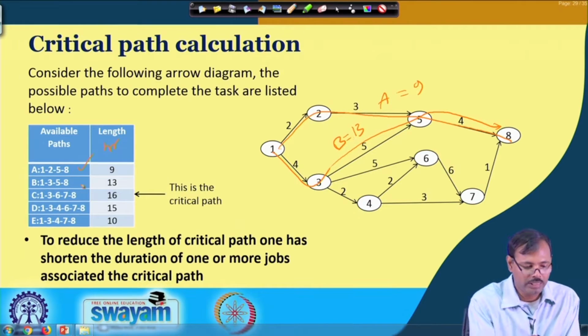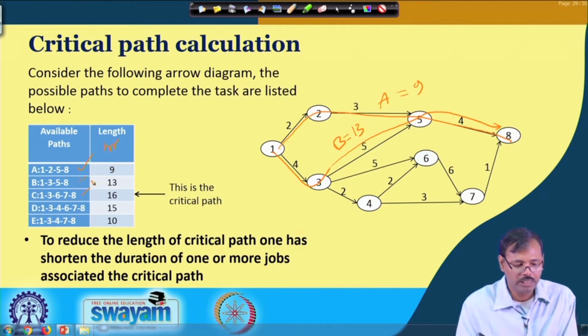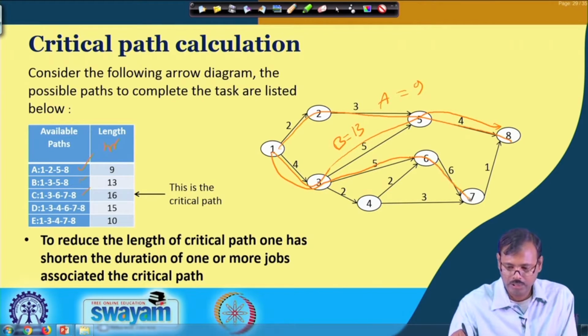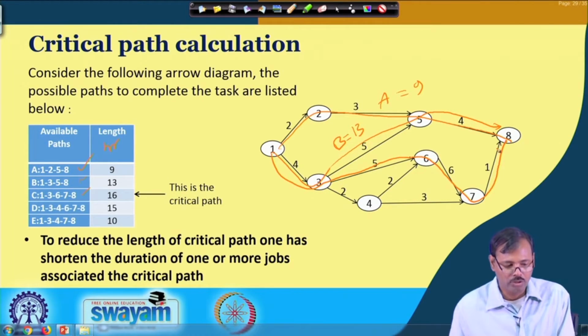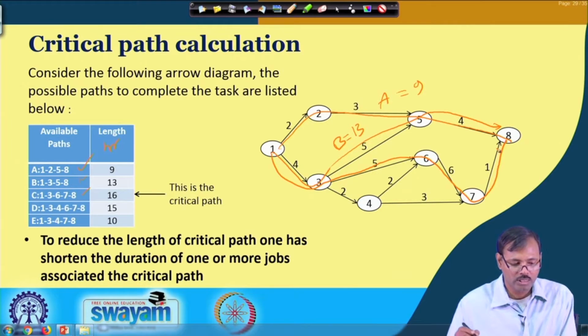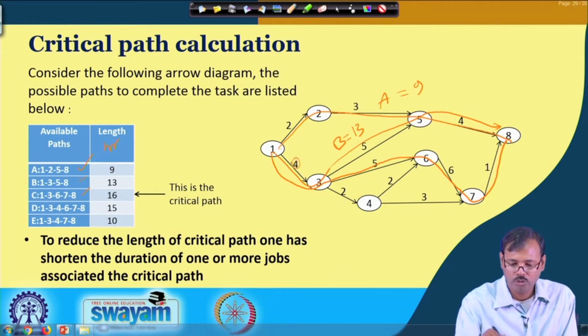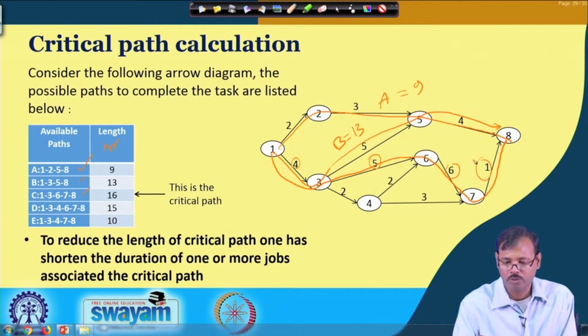The path C is 1, 3, 6, 7, 8. So, this path C is taking 4 plus 5 plus 6 plus 1. So, 4 plus 5 is 9, 9 plus 6 is 15, 15 plus 1, path C is taking 16 hours.